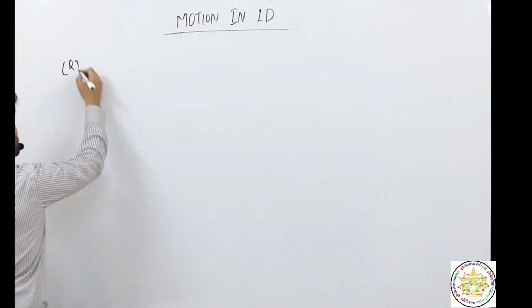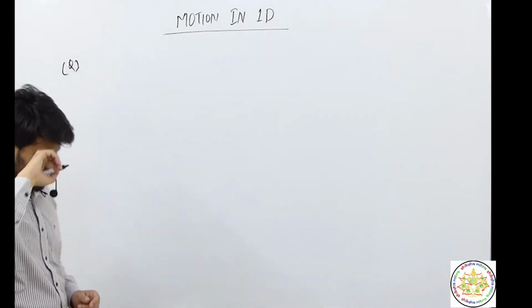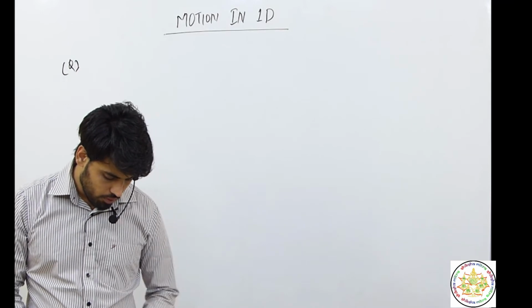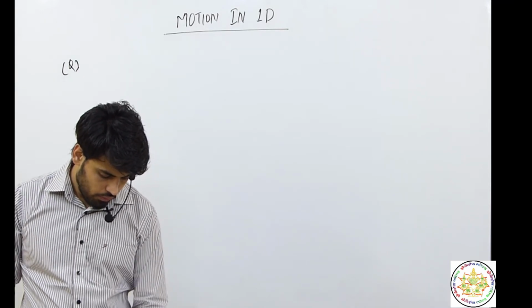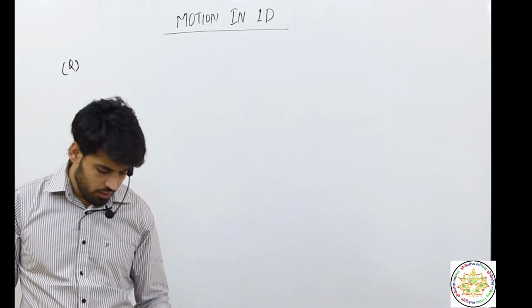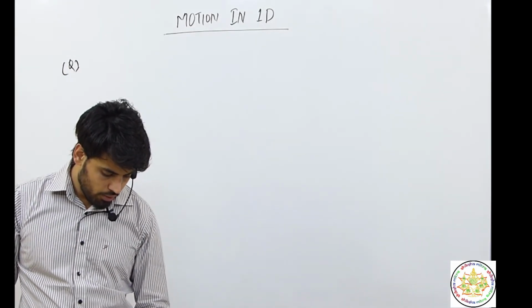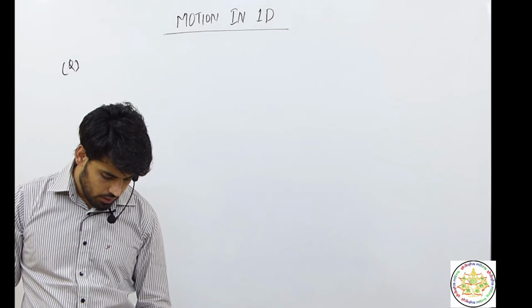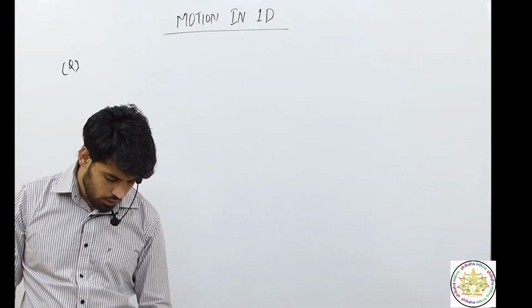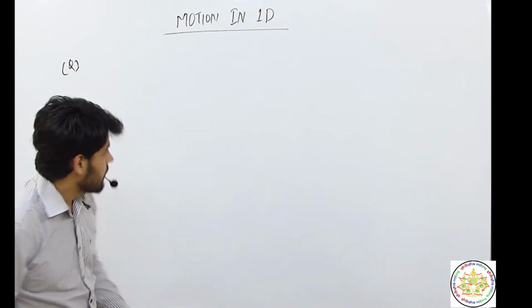Next question. A body is dropped from the top of a tower and falls through 40 meter during the last 2 seconds of its fall. The height of the tower is what we have to calculate.